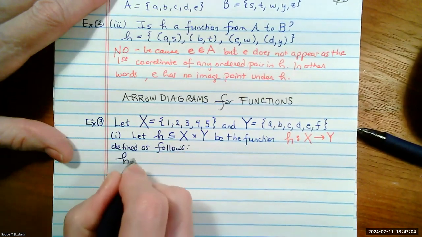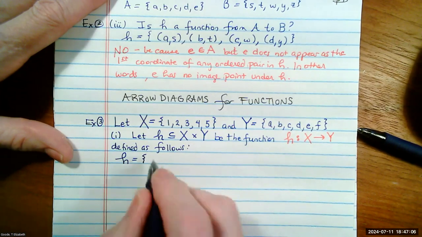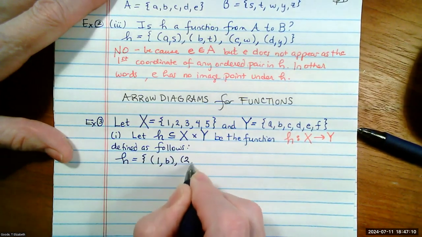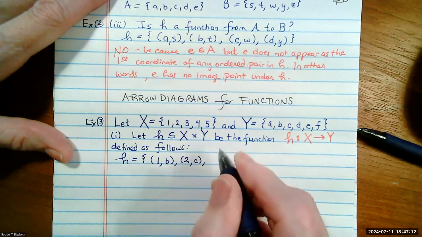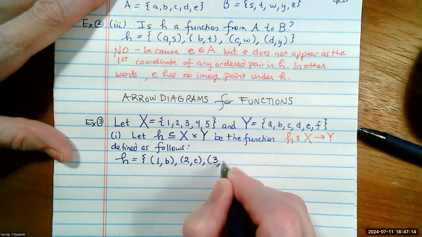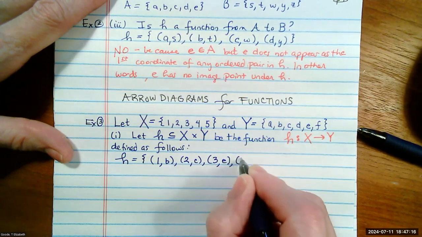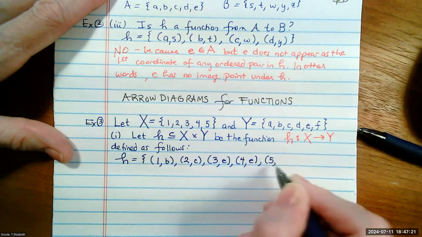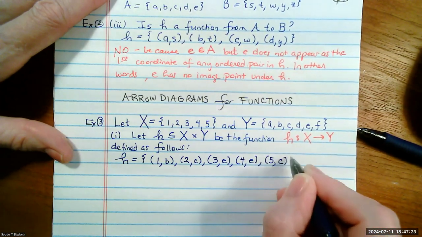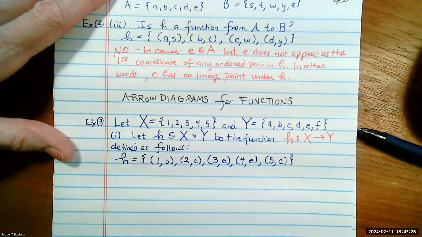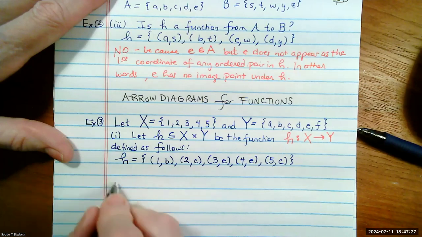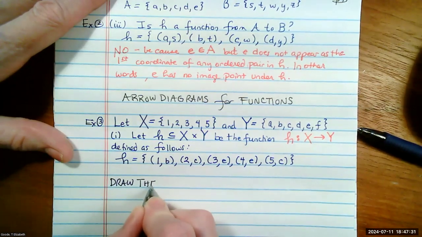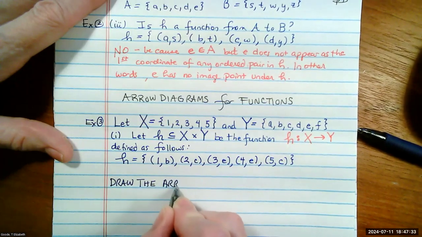Here's H. H is the set having (1, b), (2, c), (3, e), (4, e), and (5, c). Draw the arrow diagram for H. I'm going to show you how to do it, of course.